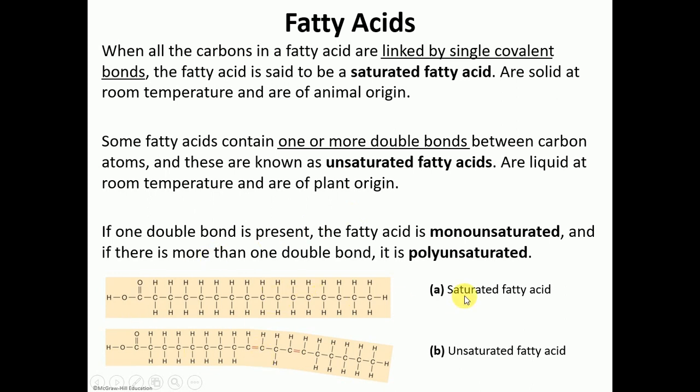Is it the saturated or the unsaturated fatty acid? It is actually the unsaturated ones that are healthier for our body. Okay, and depending on how many of these double bonds we have, if this one, for example, has 2, we'll call this a polyunsaturated fatty acid. Had it had only one of them, we would call it a monounsaturated fatty acid.